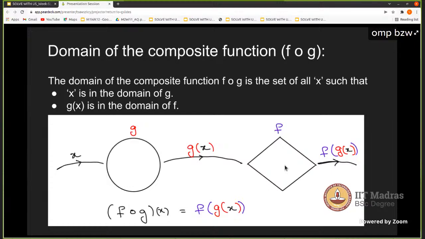Out of this bigger machine, what values can I put in, and what values can I expect out? These are standard and important things to be seen when we discuss functions. So this is domain, range, codomain. Okay, got it.